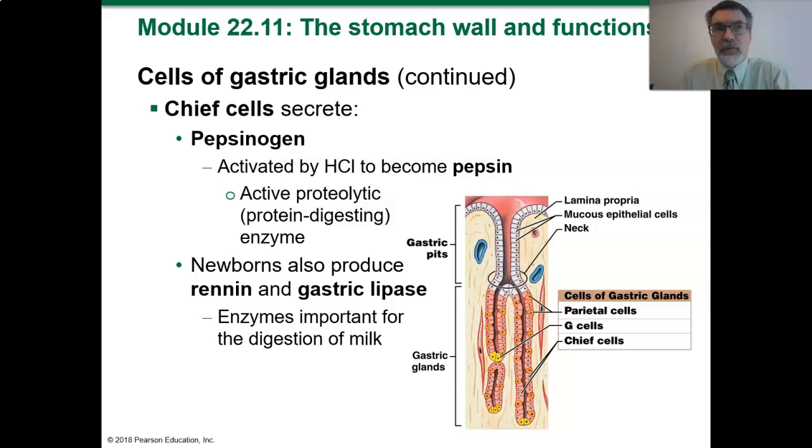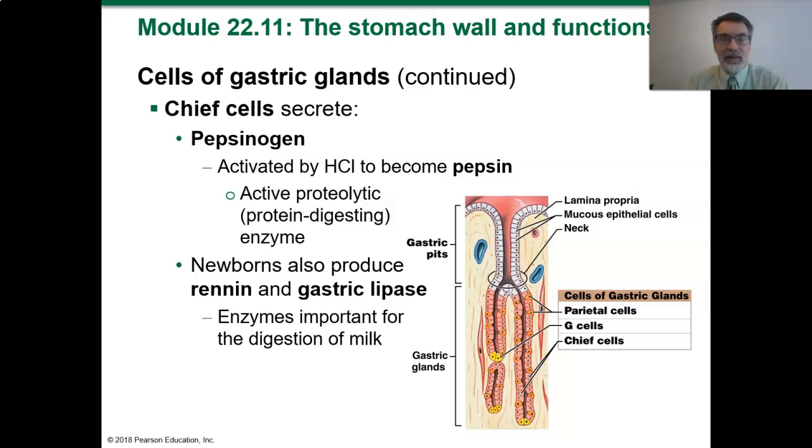Also, gastric lipase is produced, right? That can help with lipid metabolism. But that would be more in newborns, because newborns have a less acidic stomach, not as high acid producing. That's why babies can't digest food the way we do.